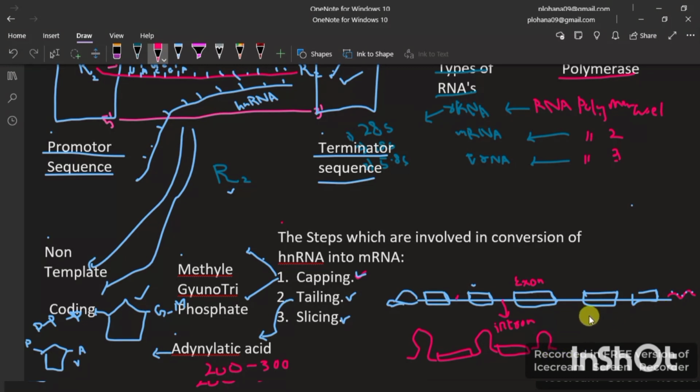So now what we have to do here, we have spliceosome, which is made of intron, snRNA, which is the part of tRNA, transporter RNA, and protein would be there. Alright, so these will be cut off. We have to cut these. Alright, here I am removing. I have removed this. I have removed this.